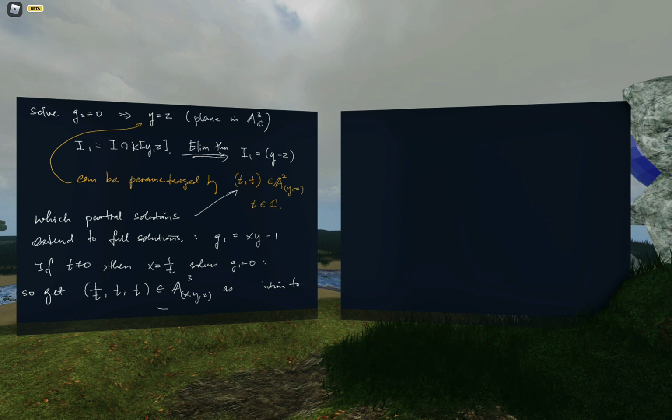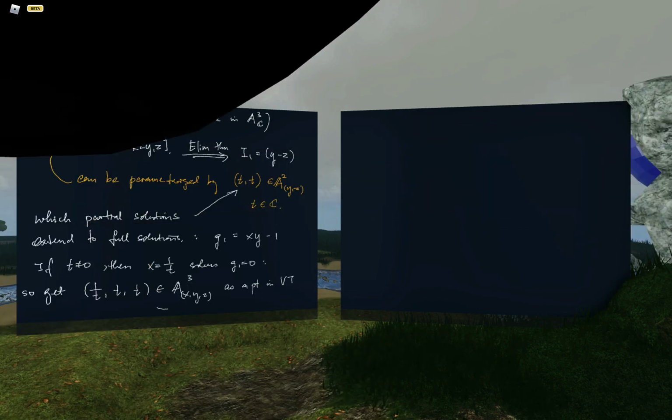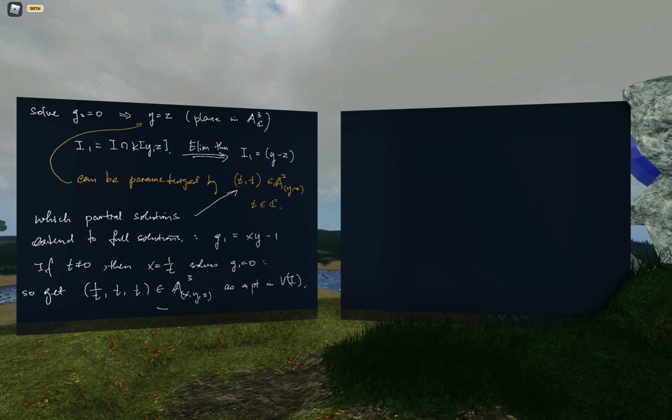So I'm just going to say as a point in V(I), where I is the original ideal. When t is equal to 0, you can't, because when y is 0, there's no way you can put any value of x to make 0 equal to 1. So you can't.